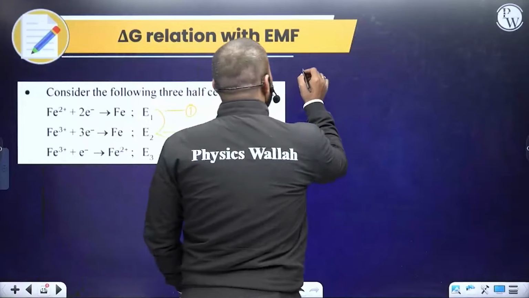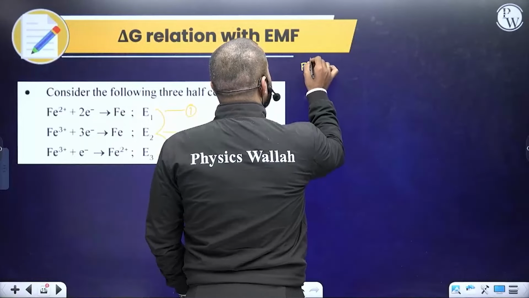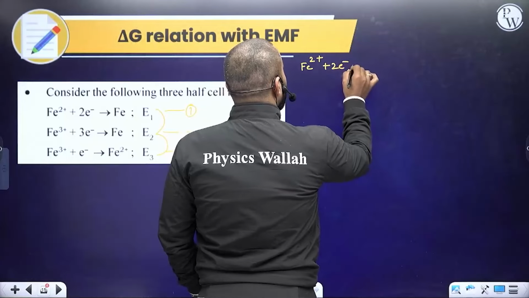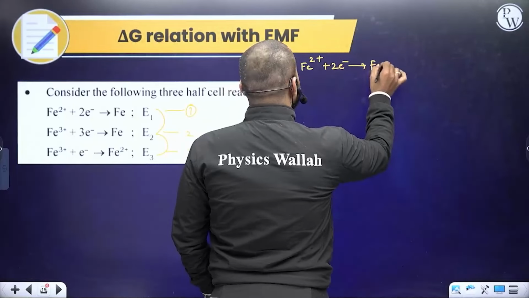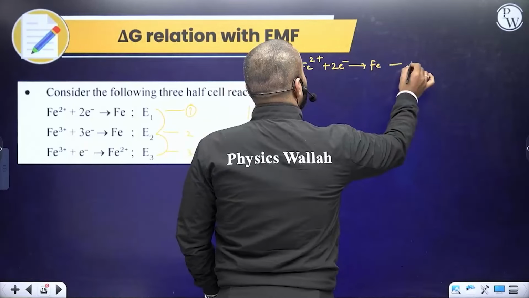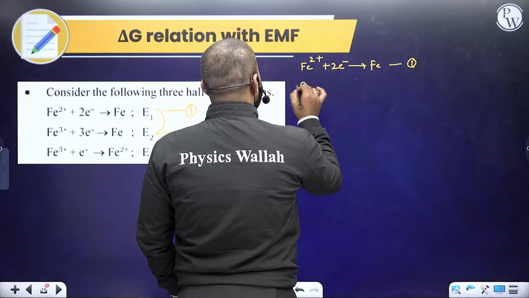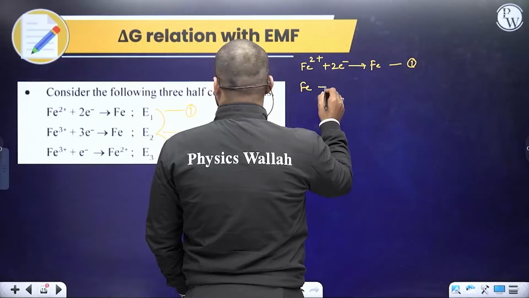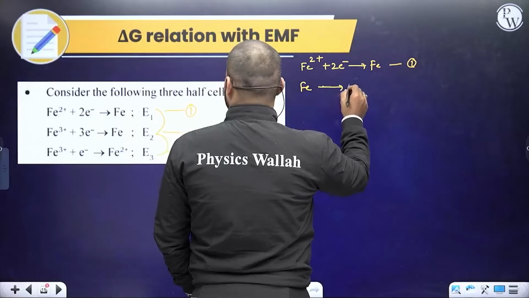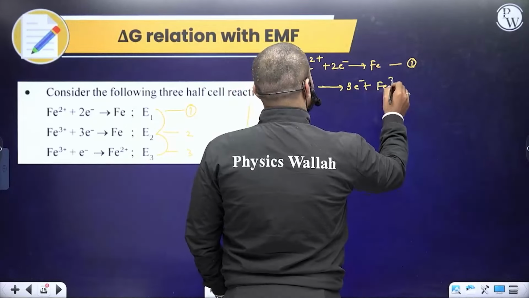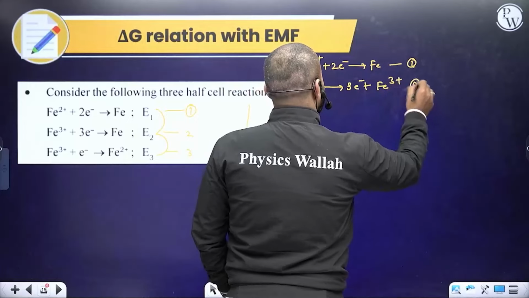If reaction number 1 is written like that, Fe2 plus is taking up 2 electrons and becoming Fe, that's equation number 1. And then I'm writing the second reaction reverse. So Fe gives 3 electrons becoming Fe3 plus. This is my second reaction.